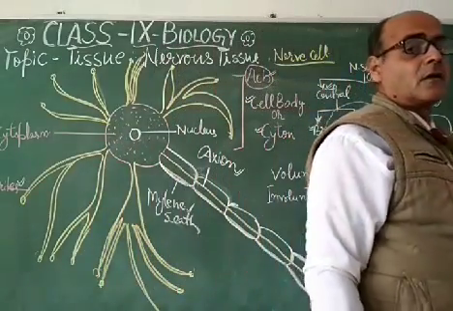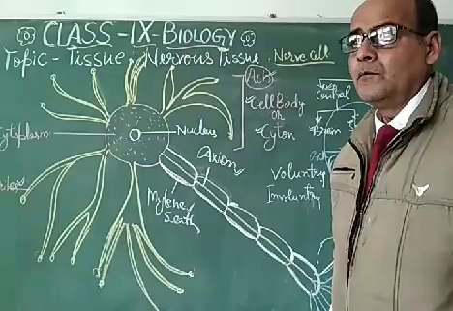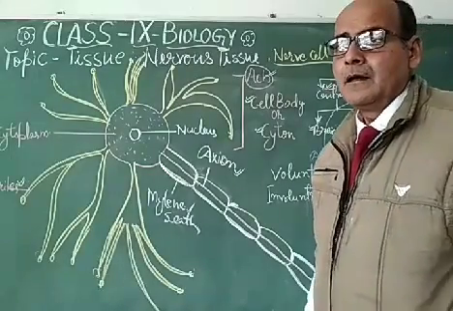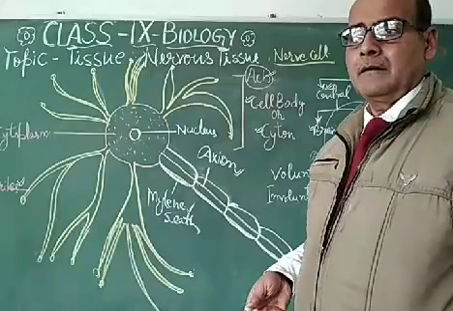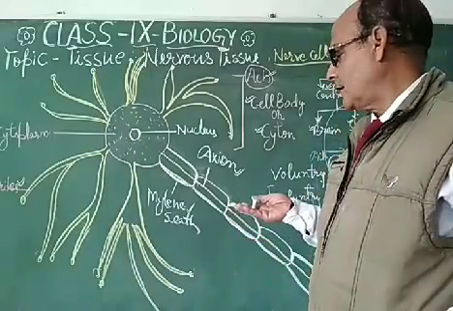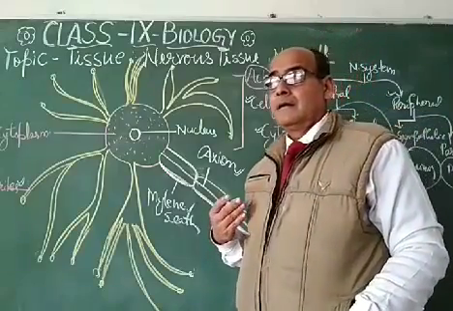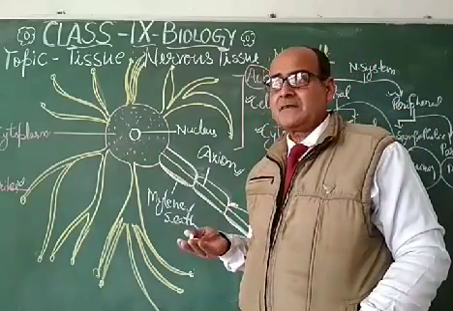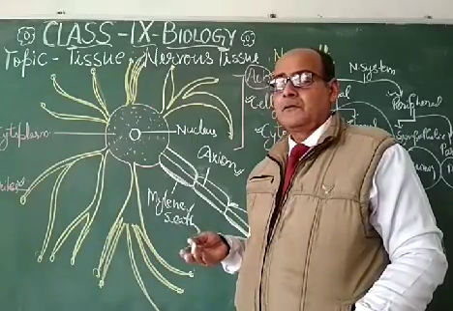What do you mean by the voluntary action? Voluntary actions are the actions which can be done by the will of the human, like walking, running, playing, singing, speech, fighting, swimming.